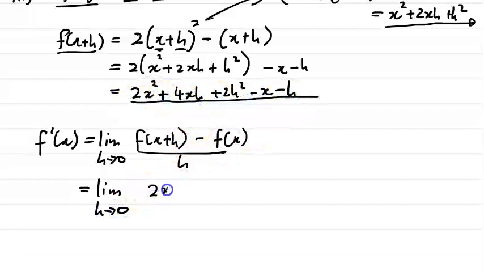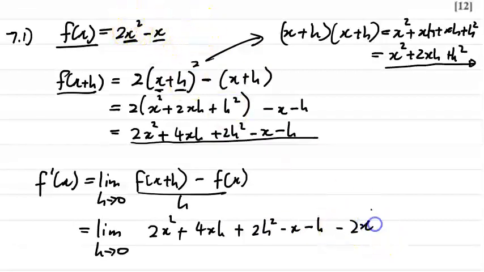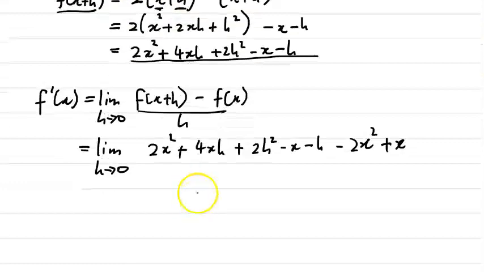So it's 2x squared plus 4xh plus 2h squared minus x minus h, minus f of x. So we're subtracting our original function. Minus f of x will be minus 2x squared plus x, all over h now.